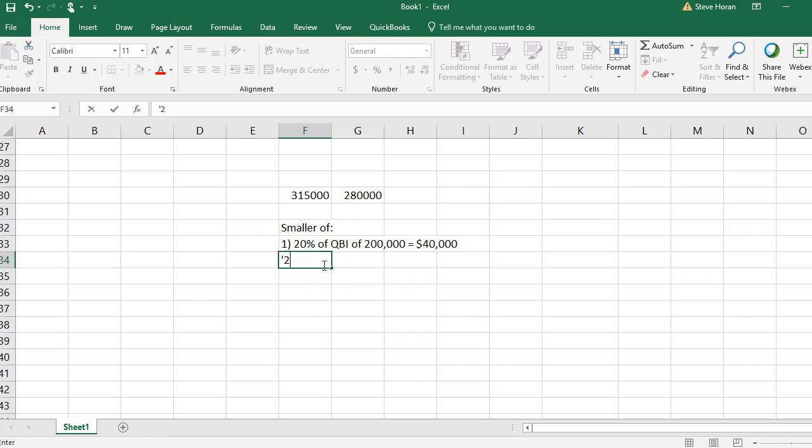And item 2 is worded kind of strangely. The smaller of 1 or 2. Well, 2 is the greater of two things. It's the greater of, and we'll go with A, which is 50% of W-2 wages, which were $100,000. In the problem, they had mentioned that this was $100,000, which equals 50,000.